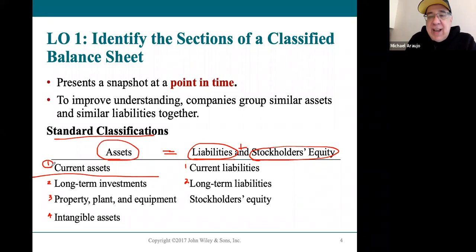So these are assets that are going to be used up very quickly within the year's period, thus the word current to indicate that they are short-term. All the other assets are long-term, which means that the business is going to use them for periods of time that are greater than a year. And there are 3 different categories, as you see.